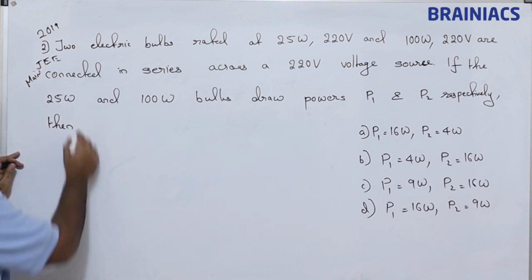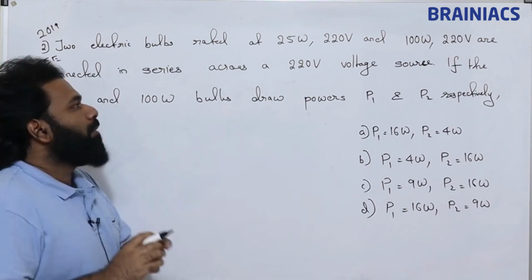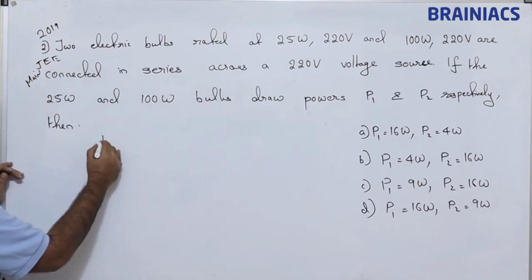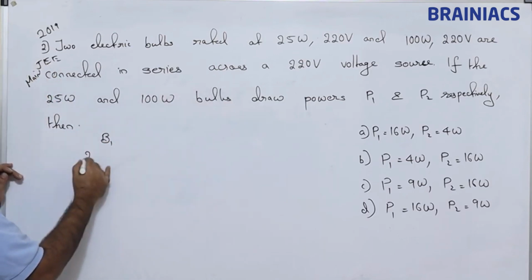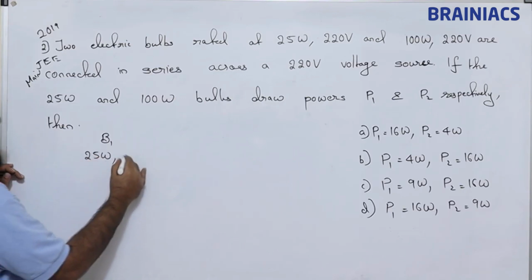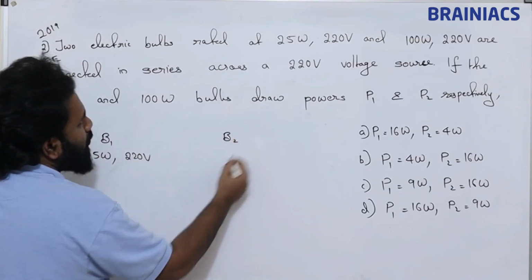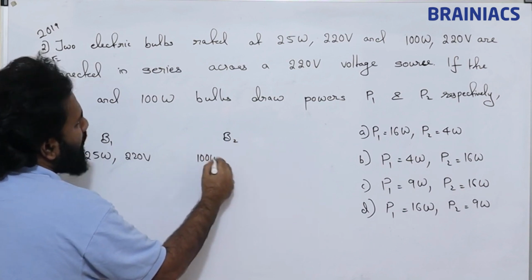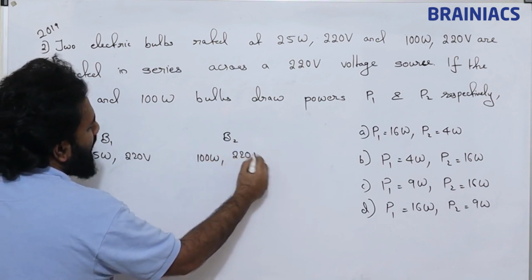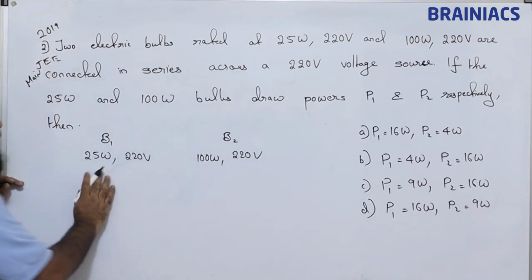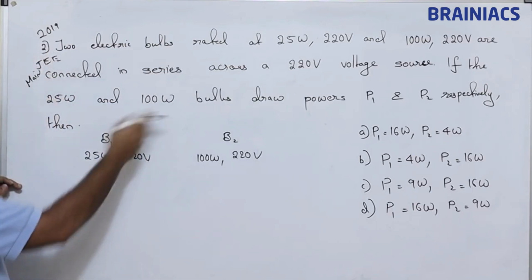So what we need to do? Power rating is given. Bulb B1 is 25 watt, 220 volt. Bulb B2 is 100 watt, 220 volt. They are connected in series and we need the respective powers.